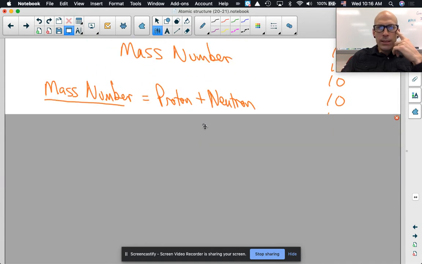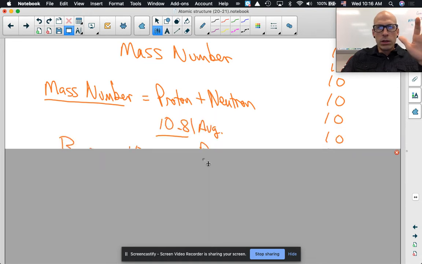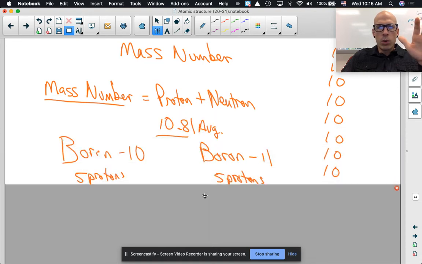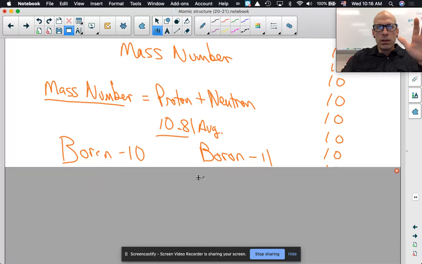Well, it's kind of like this. Here's how this works. Let's look at boron. There is boron 10 and there's boron 11. What does that mean?